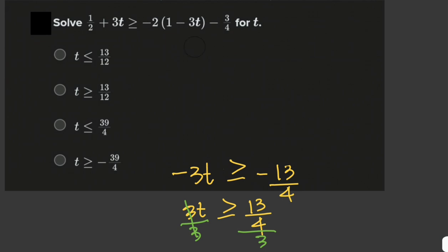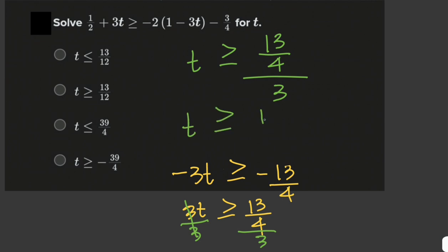Then t would be greater than or equal to 13 over 4 over 3, or this is just simply 13 over 4 times 1/3.